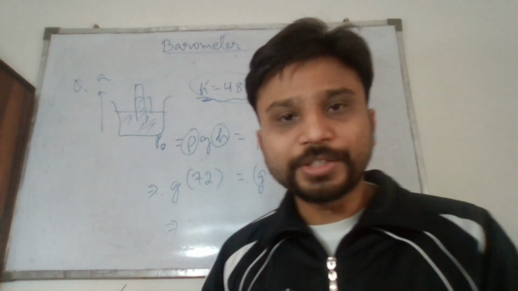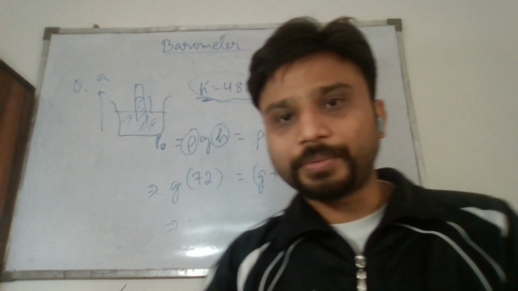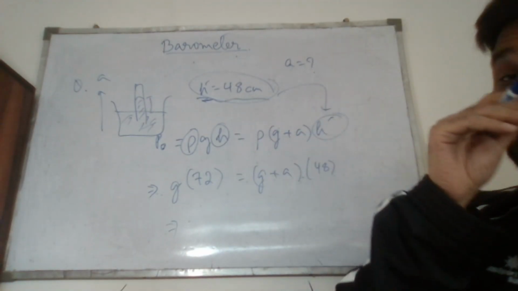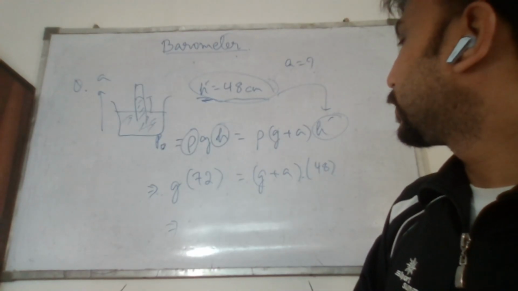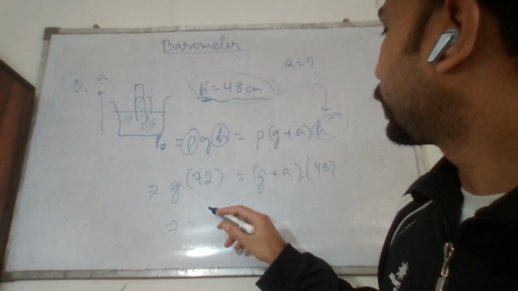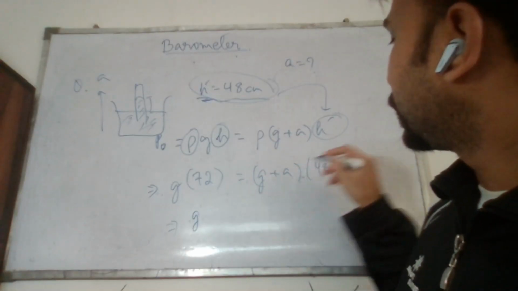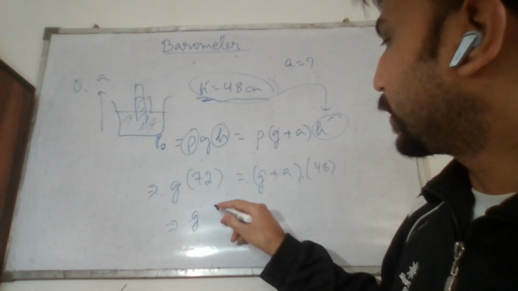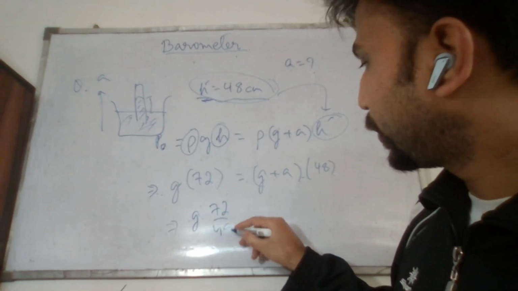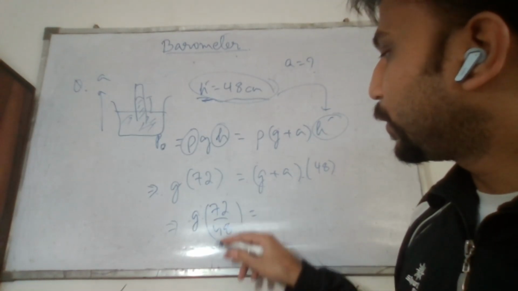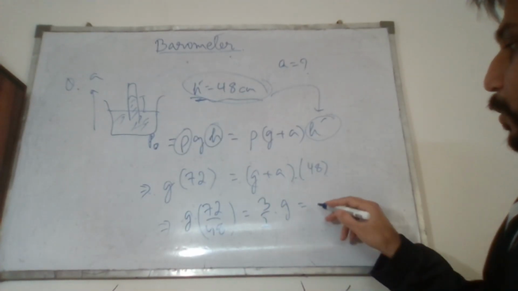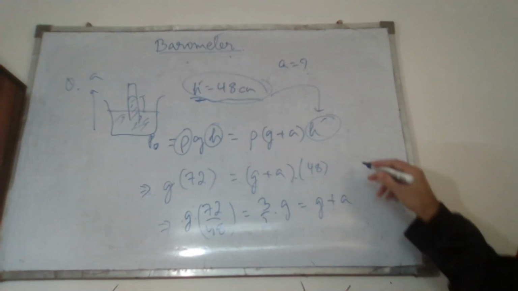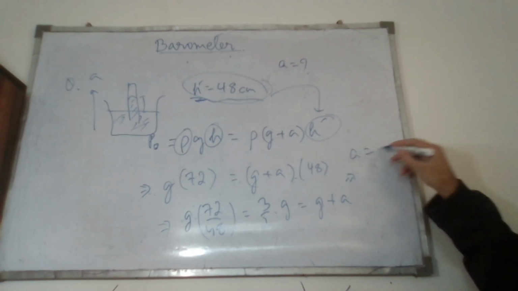That is, the new height has reduced. Mercury's height has gone down because the fluid is accelerating in upward direction. So we can say this is 72 by 48, which is simply 3 by 2 into G is equal to G plus A, which implies A is equal to G by 2.